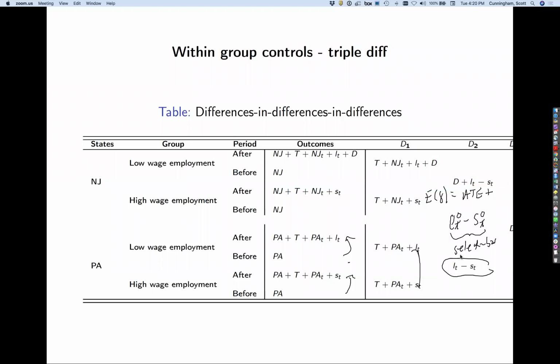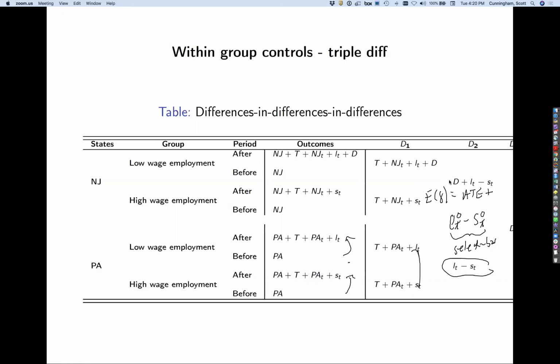What we're basically saying is that LT is the same for both groups and ST is the same for both groups. So we've got two parallel trends. We need LT and ST to be the same as opposed to just T. We're netting, and so you need T to be the same for the high and low wage group. You need NJT to be the same for the high and low wage group. And then you've got unique national trends for low wage and high wage groups.